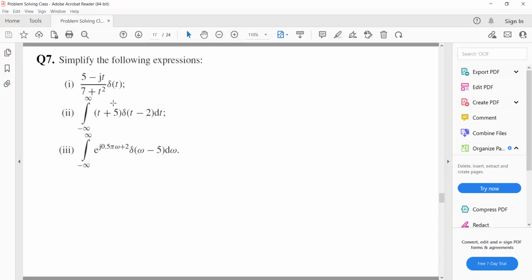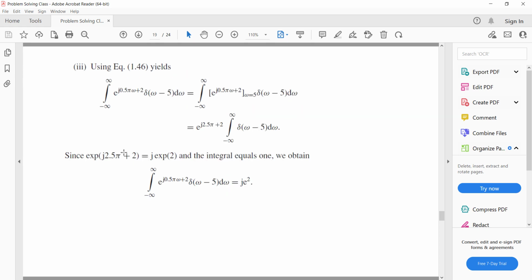Yeah, so here what you have to do is put omega as 5, because only for omega equals 5 is this function defined. So you have to just put omega as 5 here. Once you put the value of omega as 5, you will get this expression.